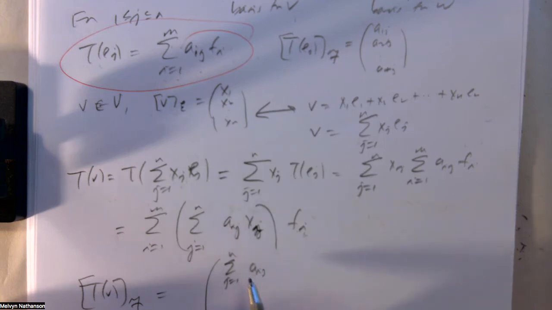So this is when i equals 1, summation of a1j xj, down to summation j goes from 1 up to n, amj xj.